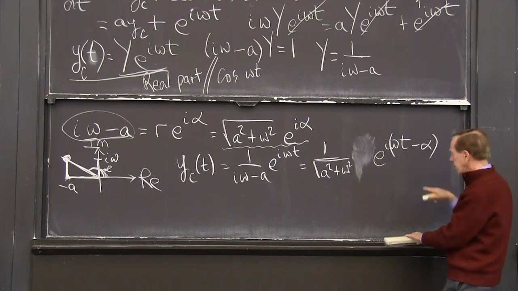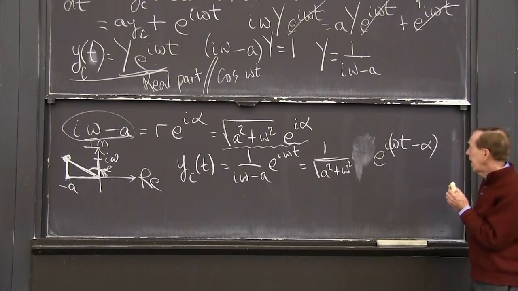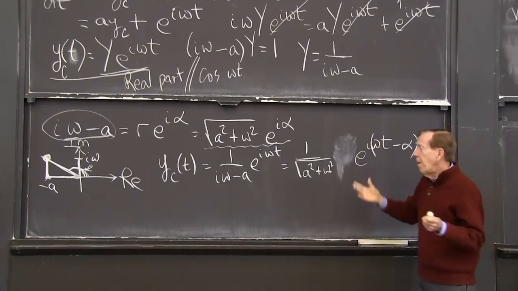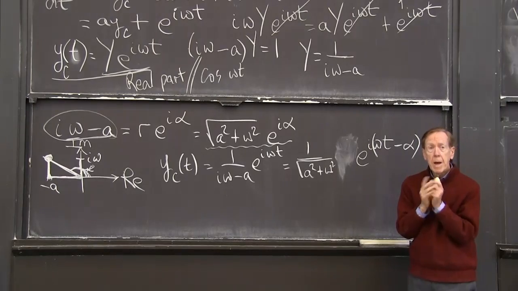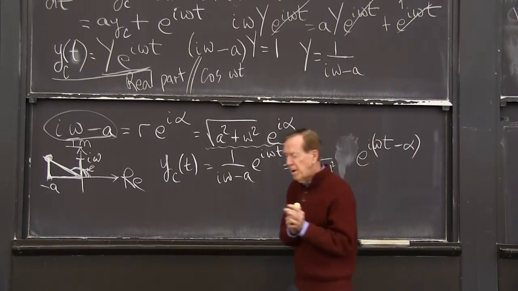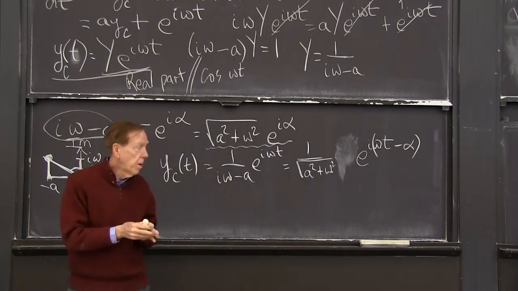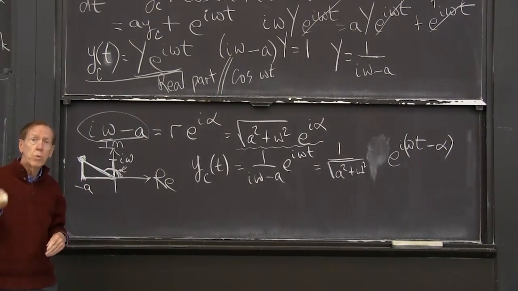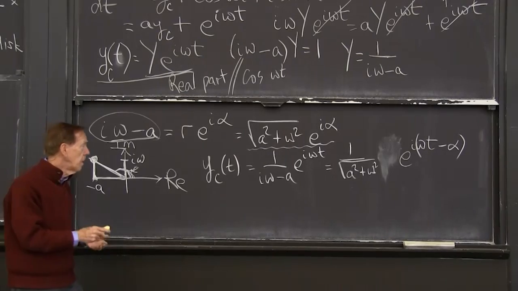You see that it has that factor e to the minus I alpha, as well as the e to the I omega t. Now I'm ready to take the real part and the imaginary part, and that will give me my two real solutions to the real equation.